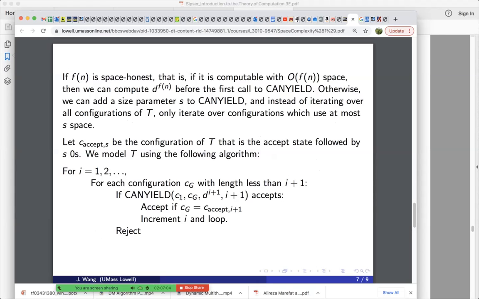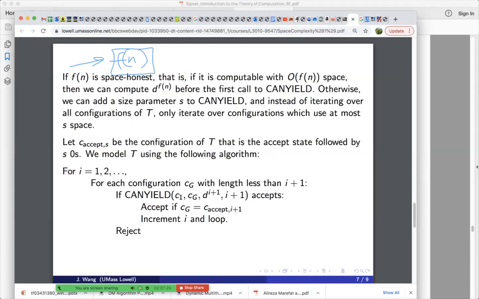We know f of n represents a space, but this is a value. To compute this value, I don't know how much space I need.